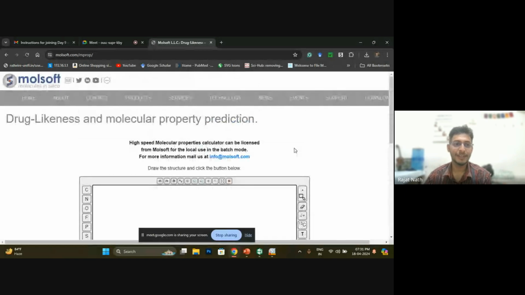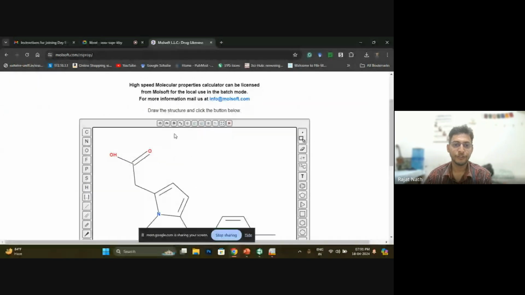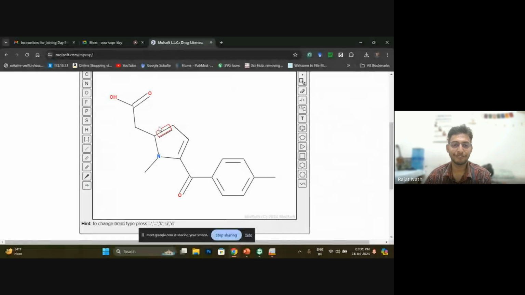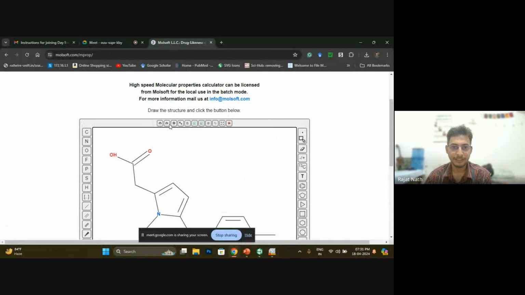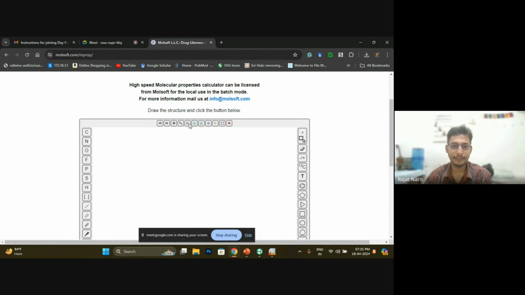So this is the drug-likeness molecular property prediction of MolSoft. One compound structure is already given. We have to erase the structure. There is an option called Clear. It is the fifth option. Just click this Clear option.